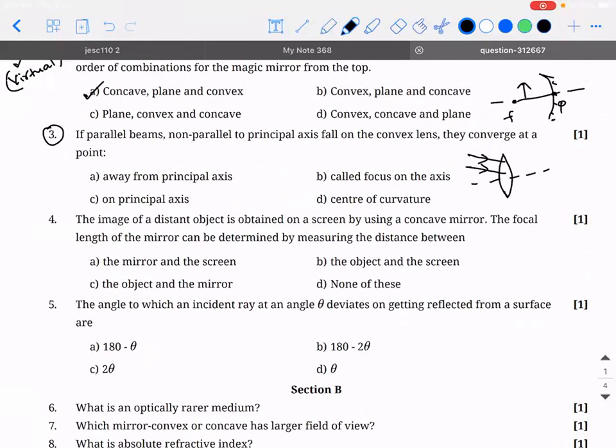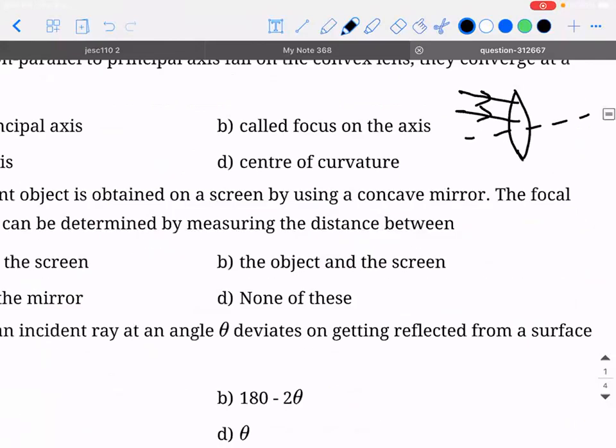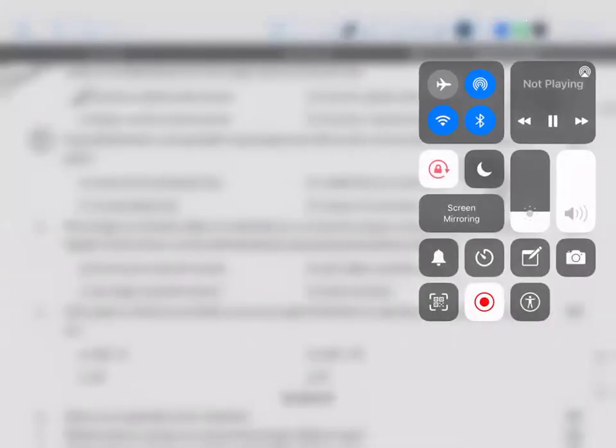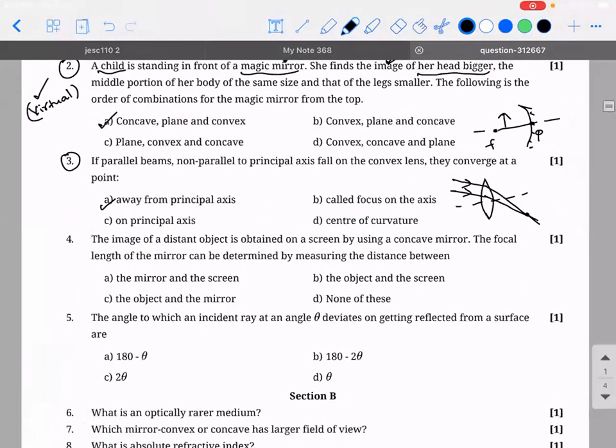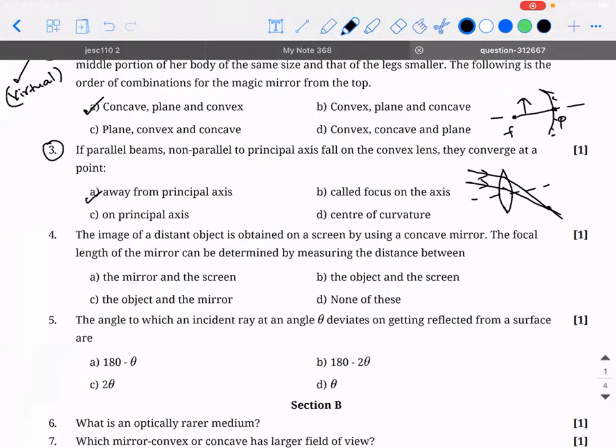On the principal axis. But actually what would happen is, listen, the rays will get converged in such a way that the image will be formed away from the principal axis. Anyway, this kind of question will not come for you, but it is for your knowledge.